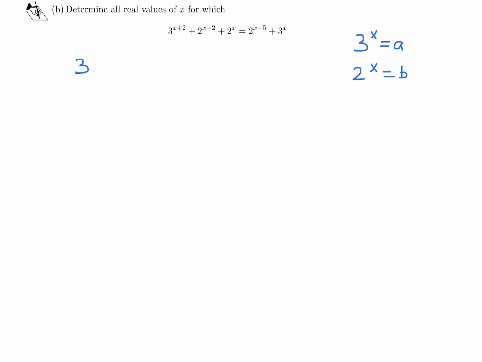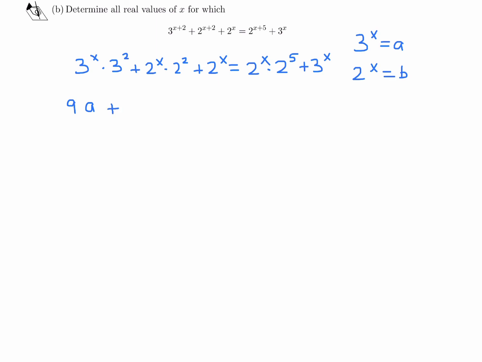So this expression really is 3^x times 3 to the power of 2, plus 2^x times 2 to the power of 2, and that is 2^x times 2 to the power of 5 plus 3^x, like that. So 3^x is a, and 3 squared is 9, so that becomes 9a.